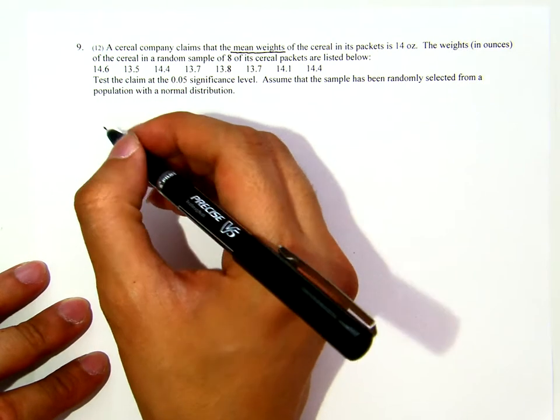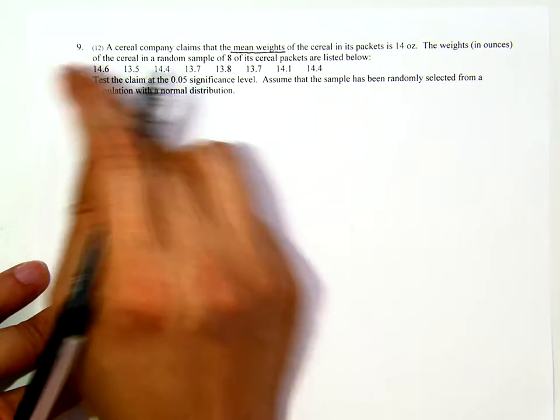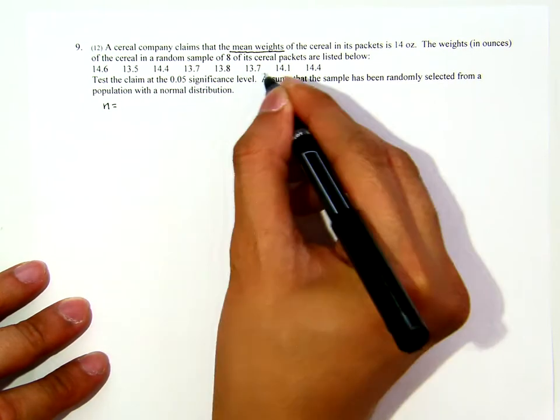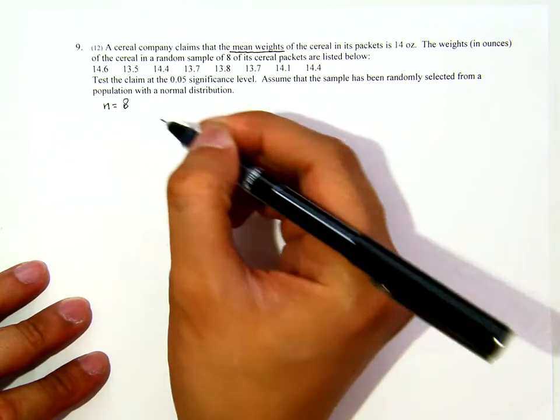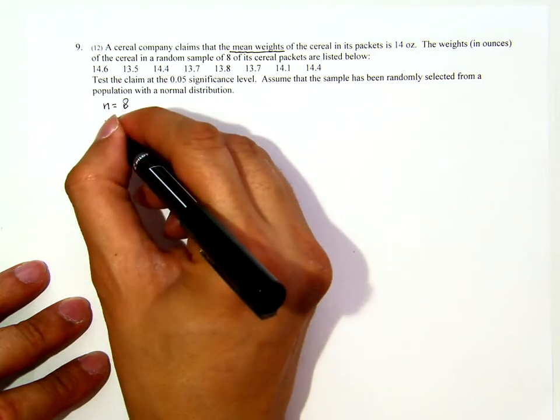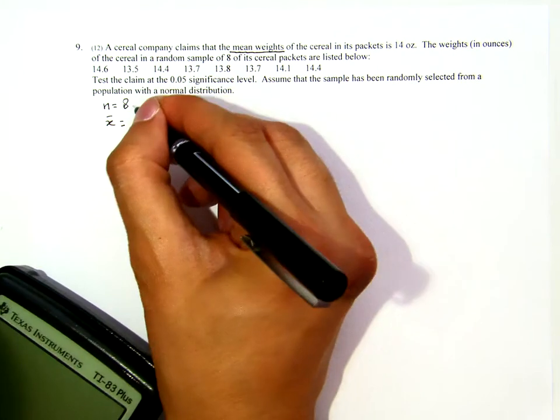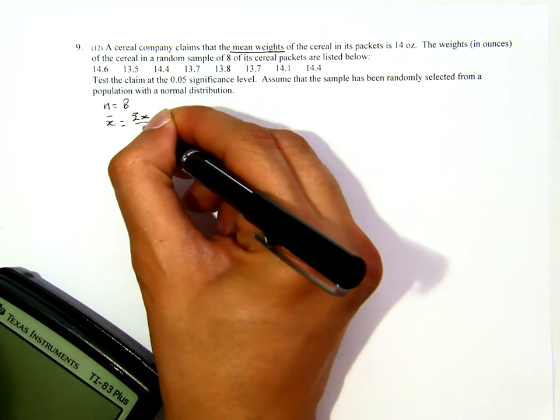So let's see. We have that data there. We are told that the number of data is 8, and then to compute x bar, I will add all the x's divided by n.